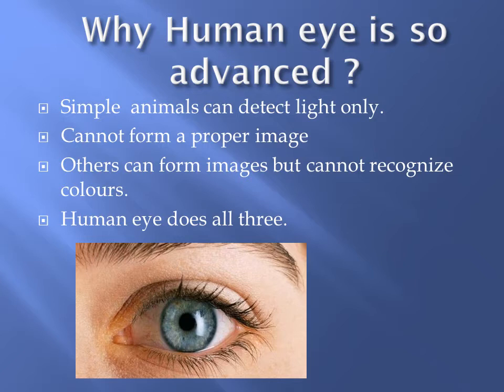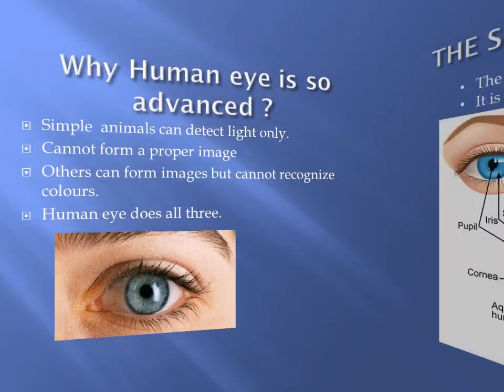Others can form images but cannot recognize colors. But the human eye does all three things. What are they? The human eye can detect light, form a proper image, and recognize colors. Those three things can be done by the human eye.